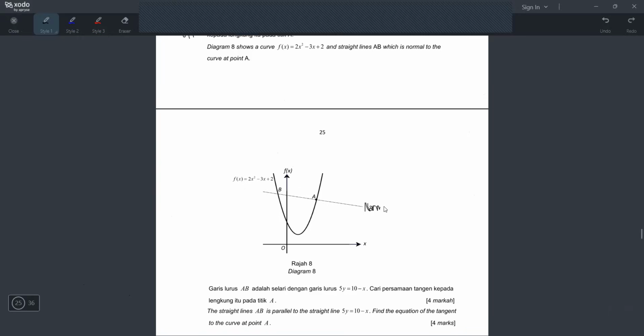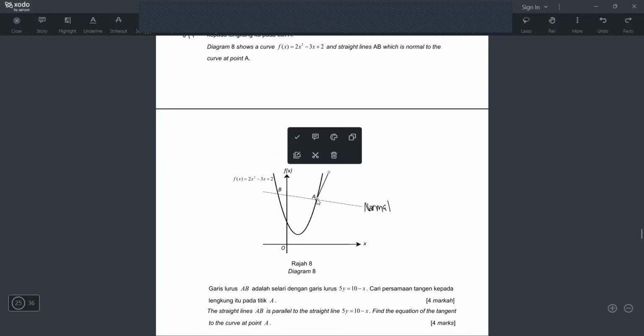You need to know that a normal line and a tangent line will always be perpendicular, right? And they already say normal to the curve at point A. It means the tangent line, the line that touches the curve at one point, will be at A also. So imagine a tangent that touches the curve at point A. It will be something like this.